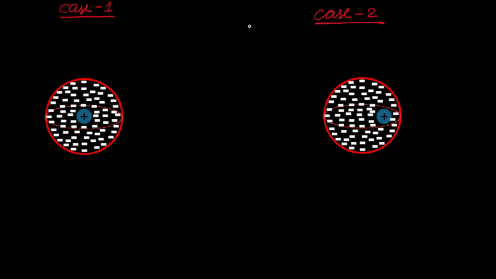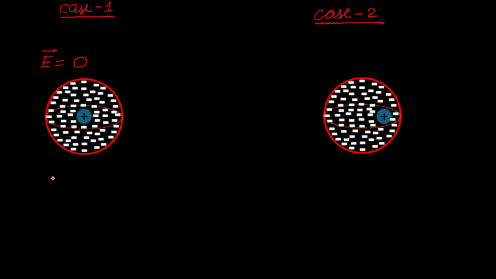In case 1 we have this atom, and there is no external electric field. That means we did not turn on any external electric field, so the external electric field is 0 here. Then this positive charge will lie at the center of the sphere, and the negative charge will be uniformly distributed over the sphere.